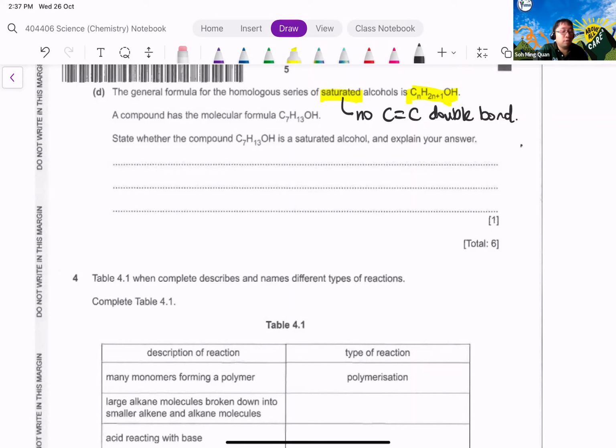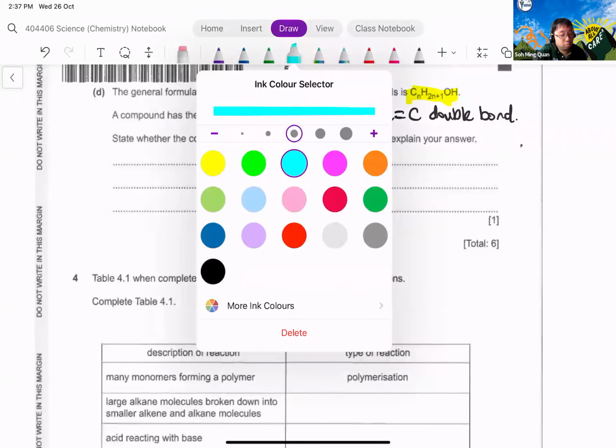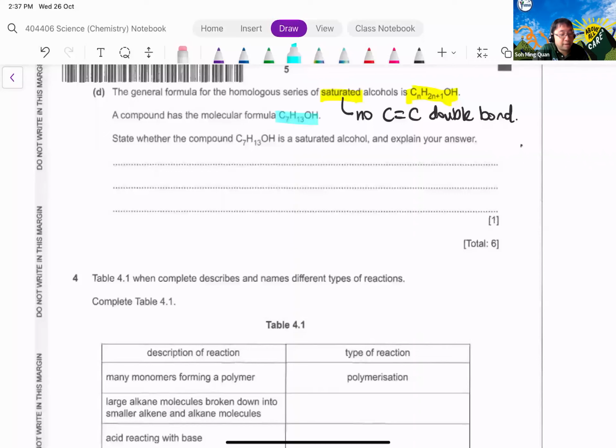So now they give you a compound. This compound has C7H13OH. Is this saturated or not? That's what they want you to deduce, right? How do you know? Obviously, you must make use of the general formula, right? That's the purpose of giving you the general formula. Does it follow the general formula?